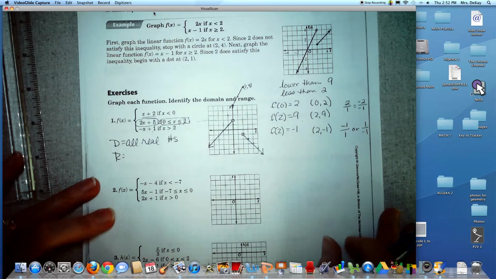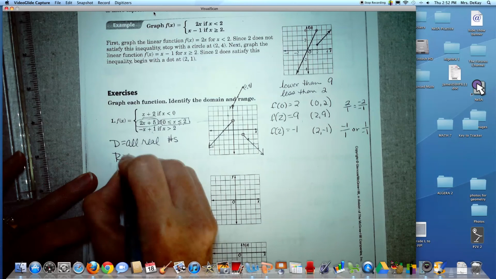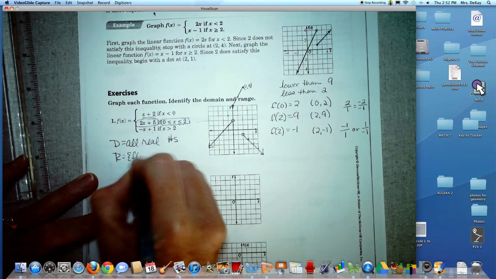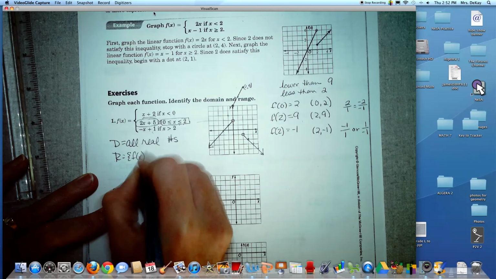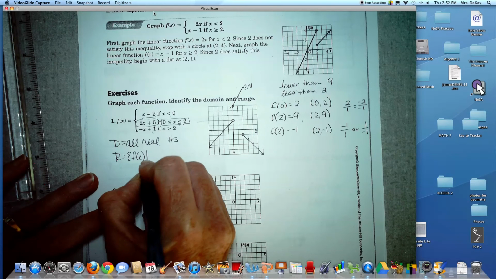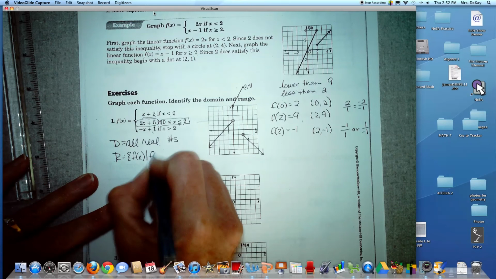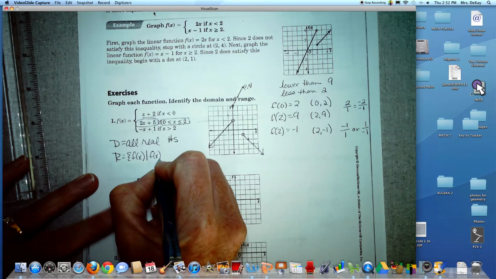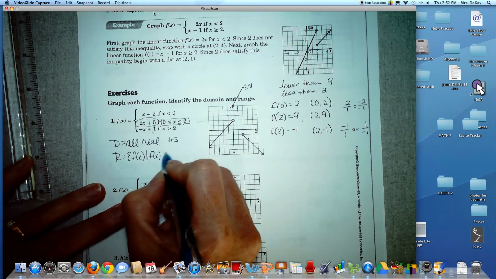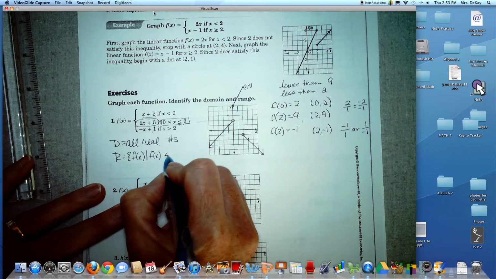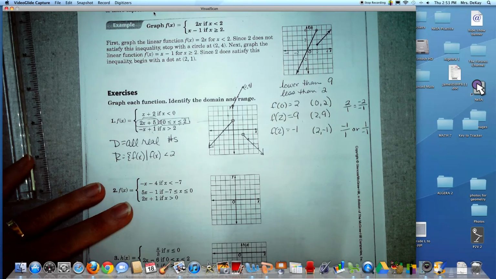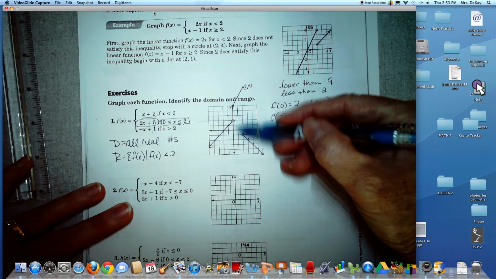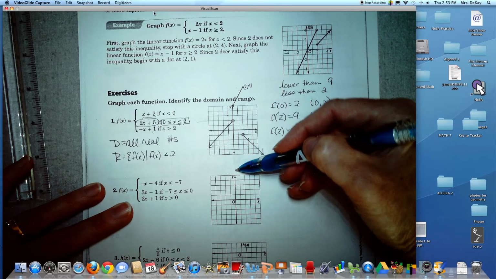This is what I'm going to write. I'm going to write the set of all f of x such that f of x is less than 2, because I'm okay as long as it's less than 2, okay?